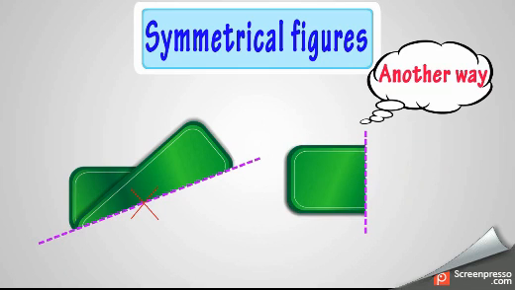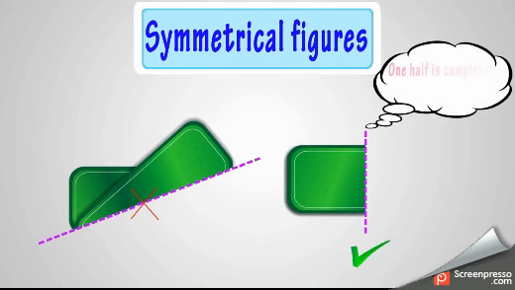I will draw the line of symmetry. The first part will completely cover the second part, because the line of symmetry here divides the rectangle into congruent parts. So when I see one half completely covering the other half, I can say the rectangle has two lines of symmetry, vertical or horizontal.